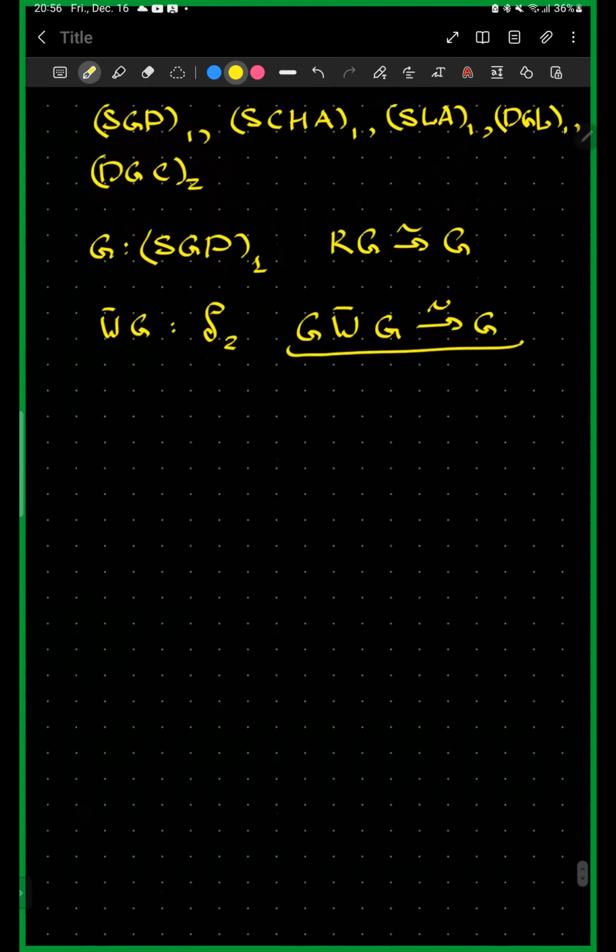And similarly, we can produce a free replacement for simplicial complete Hopf algebras, simplicial Lie algebras, differential graded Lie algebras, and differential graded coalgebras. So the main idea is that we can always replace something by a homotopically equivalent free object.